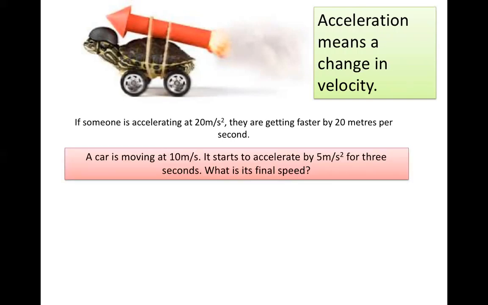Let's say a car is moving at 10 meters per second. That's the velocity given. It starts to accelerate by 5 meters per second squared for 3 seconds. What is its final speed? Anyone want to try? It starts at 10 meters per second, the starting speed, and accelerates by 5 meters per second for 3 seconds.